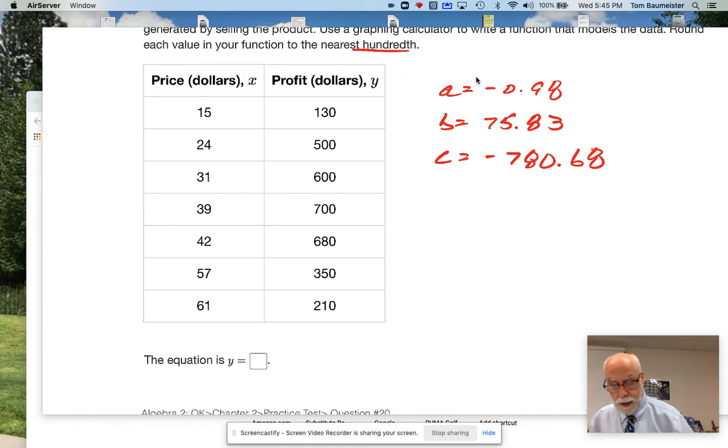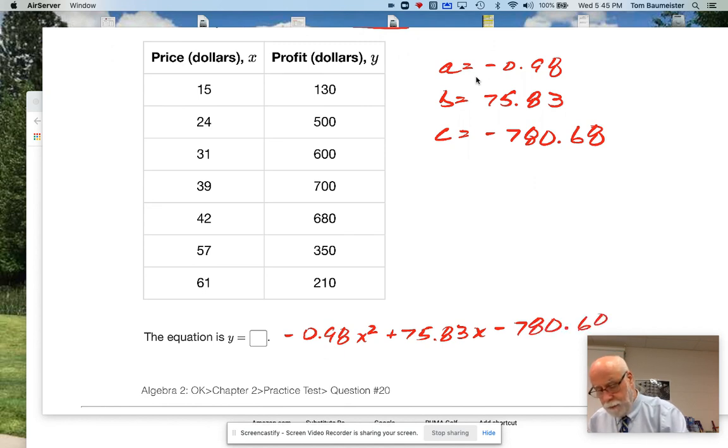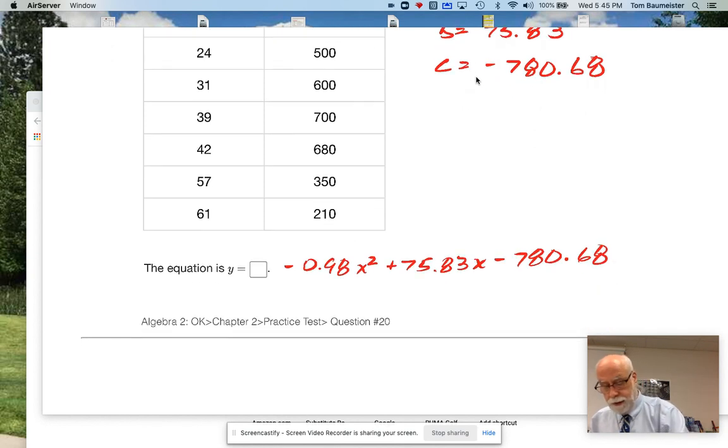So remember, again, it was y is equal to negative 0.98 x squared plus 75.83 x minus 780.68. So you're going to have a similar one like that on your test, ladies and gentlemen. You should be able to do this.